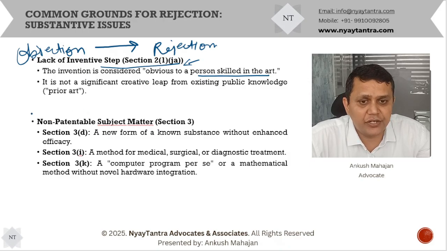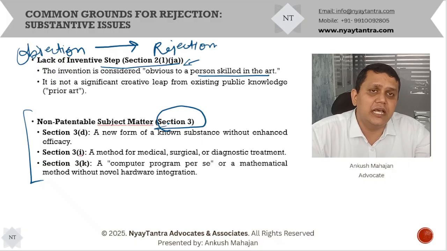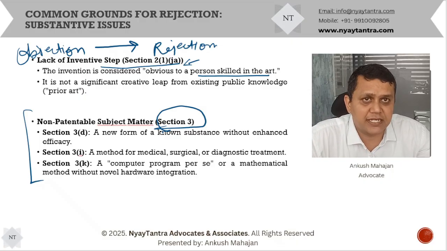Other types of rejections which we generally see in the final order are in relation to section 3 of the Indian Patent Act. Section 3 lists out various non-patentable subject matters as per the Indian Patents Act. A typical example is, if your patent invention is in relation to the pharmaceutical side, then you typically receive the section 3(d) rejection. If your invention is in relation to surgical or diagnostic treatment related methods, then definitely you are going to get a rejection under section 3(i).